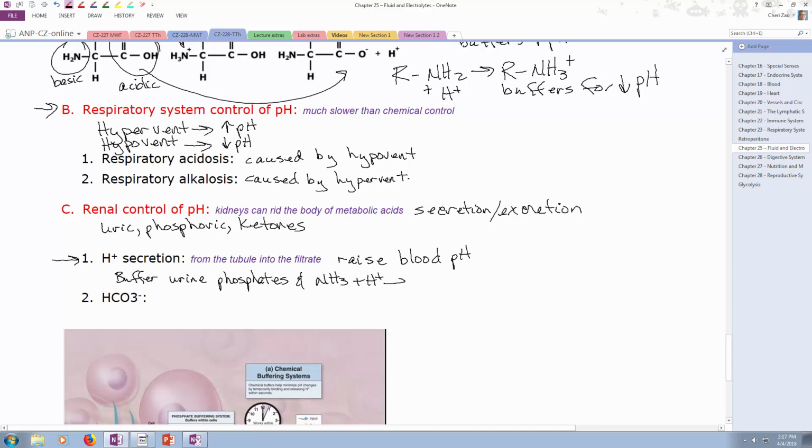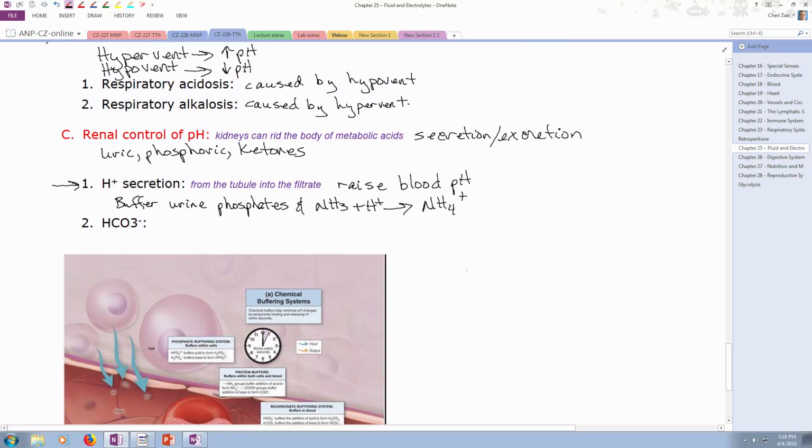So that can take a proton and make ammonium. So those are the buffering systems inside the kidney tubular lumen.